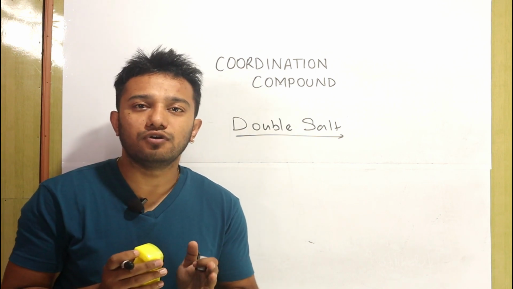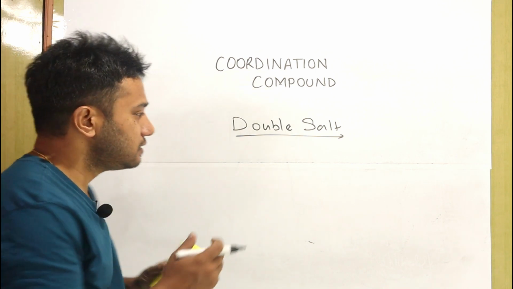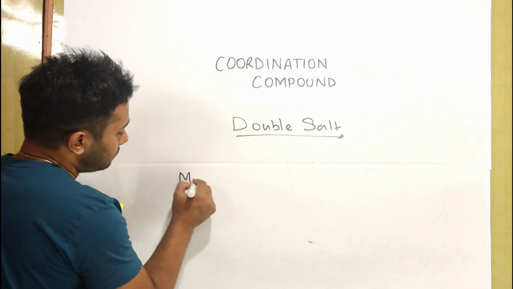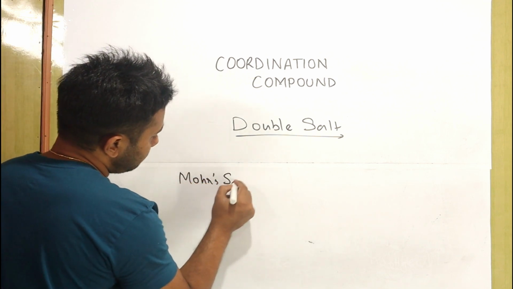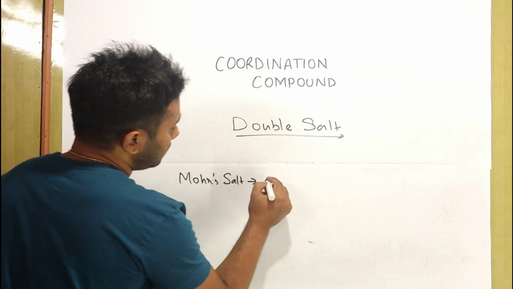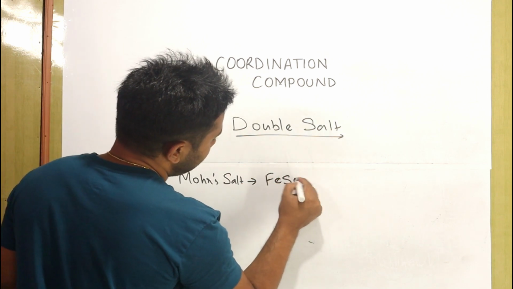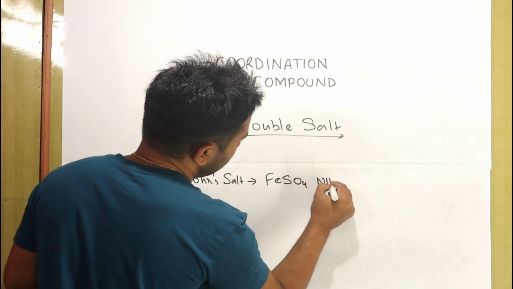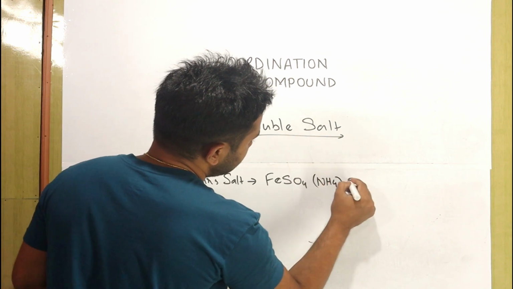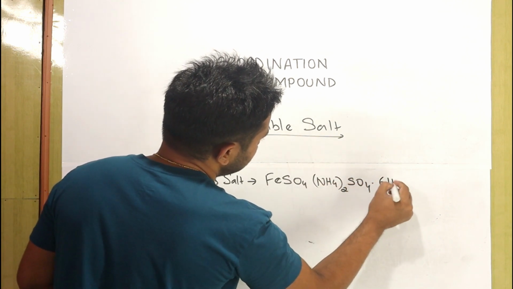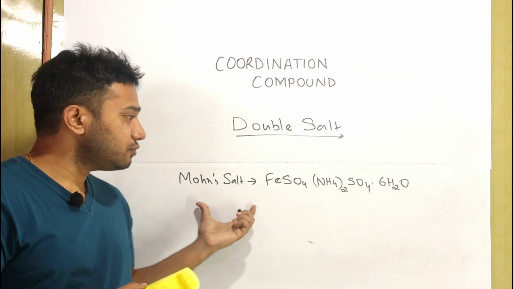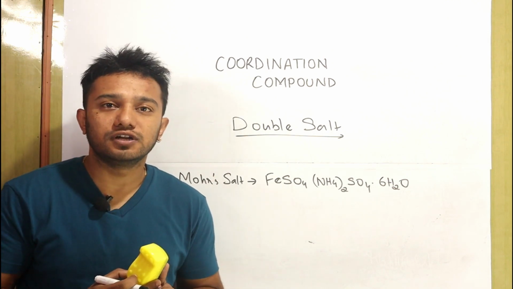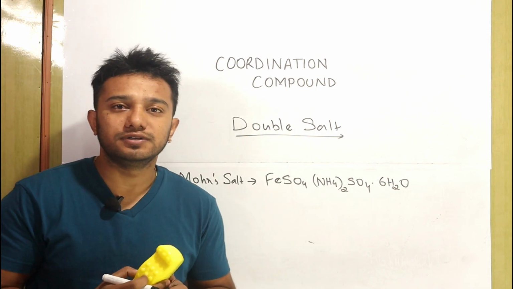One example of double salt is Mohr's salt, FeSO4.(NH4)2SO4.6H2O. So out here we have Mohr's salt, which is an example of double salt.